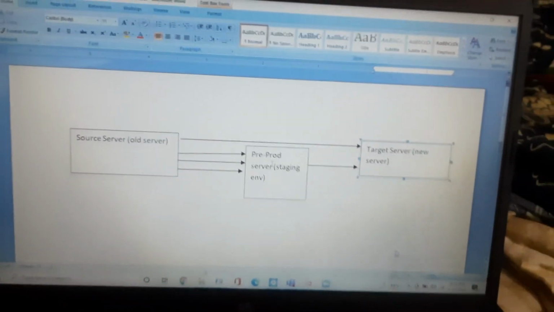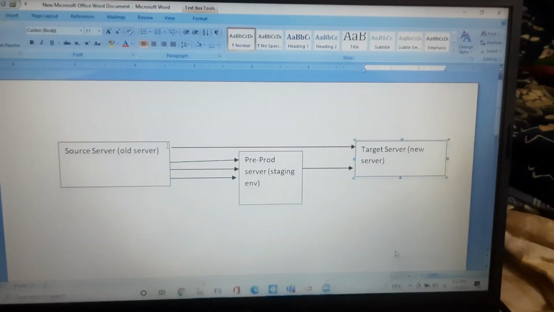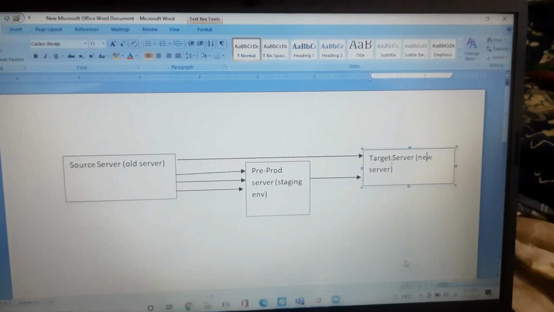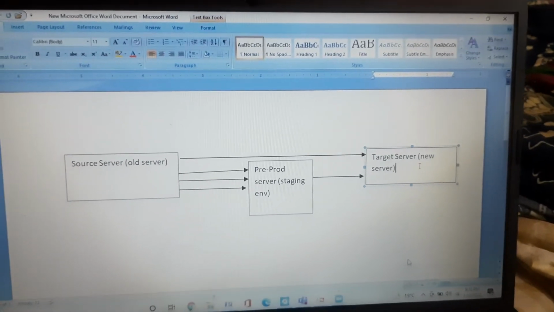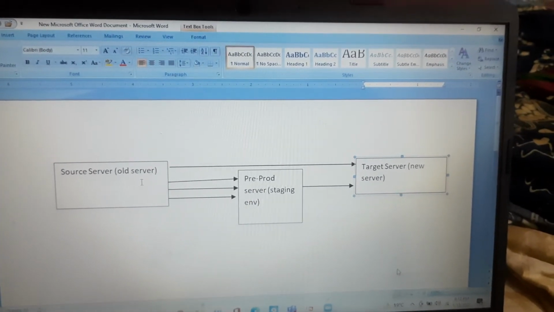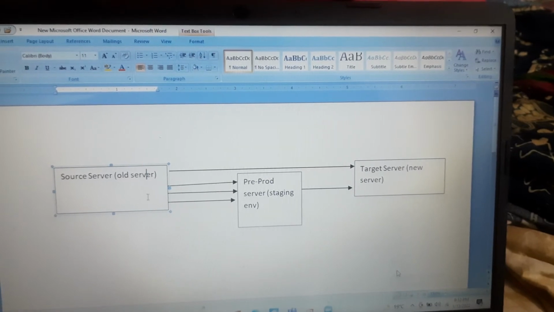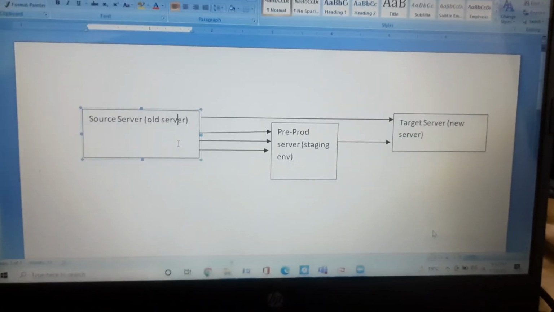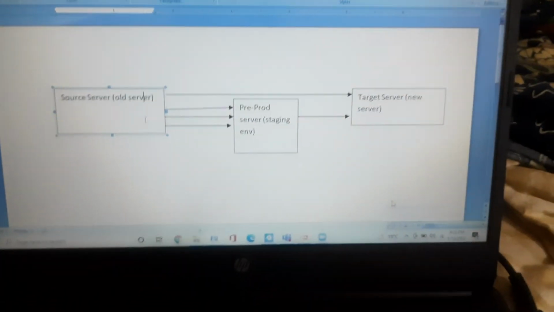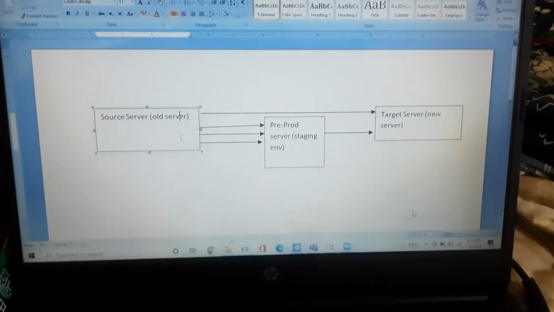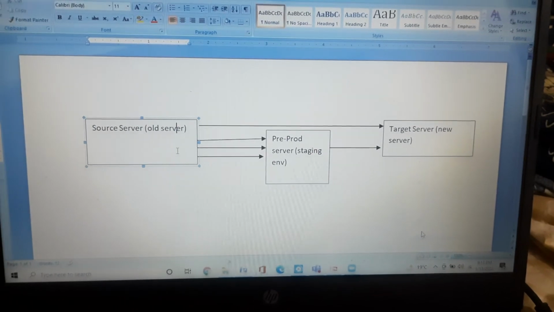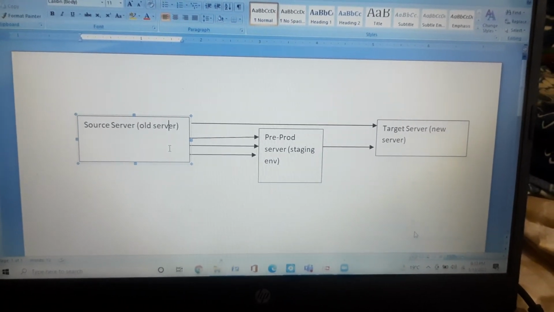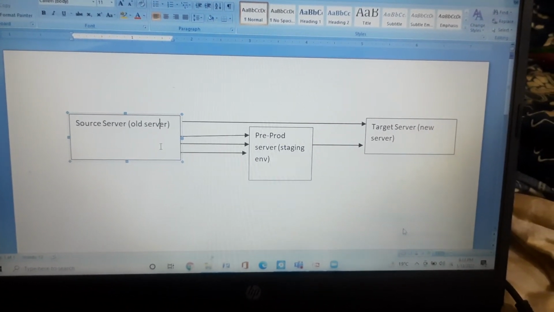So there are two options. Either I transfer all the data in one go, in a single go, from old to new. Or, in case there is a need for selection of data, I do not want to transfer the whole data in one go. I want to transfer the selected data, or maybe a small portion of data.